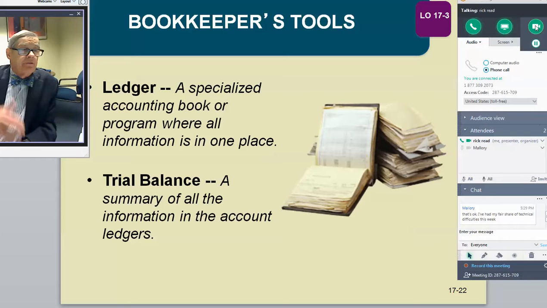Think of this as a trial balloon: see if it goes where you want it to go, and if it's going to give you the information that you want by what you have recorded. So this is a summary, as the slide says, of all the information in the accounting ledgers.